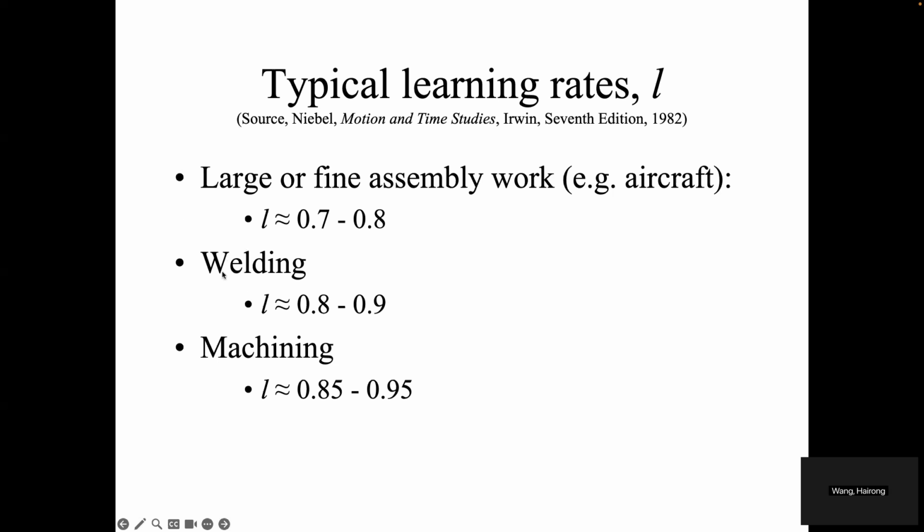And for some welding work, the learning rate will be set between 0.8 and 0.9. And for some machining work, the learning rate is relatively high because even though the total number of units is quite large, the potential to improve the working efficiency is not very high.